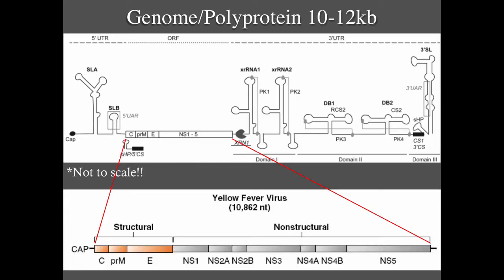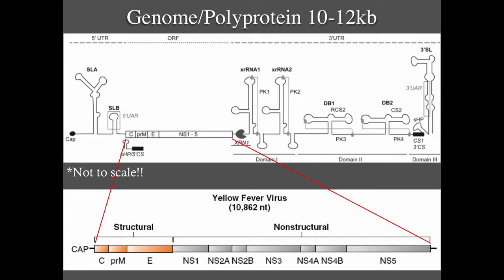So this is a closer look at the genome itself. Not to scale, because about 80 to 90% of the sequence is this region here. But if you look closely at the 5' and 3' UTR, you can see all these conserved structures, which are found in most of the Flavivirus genomes.